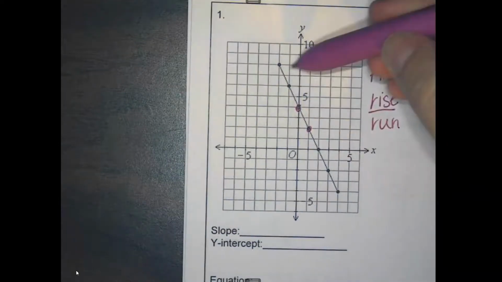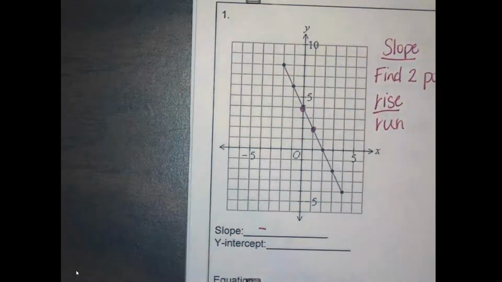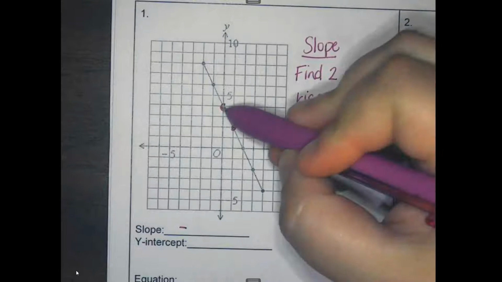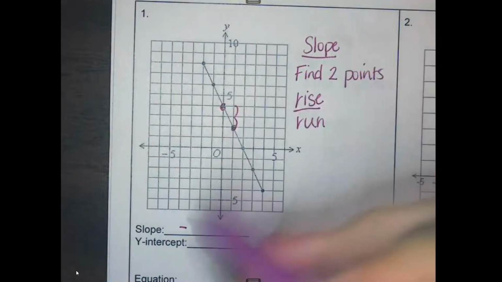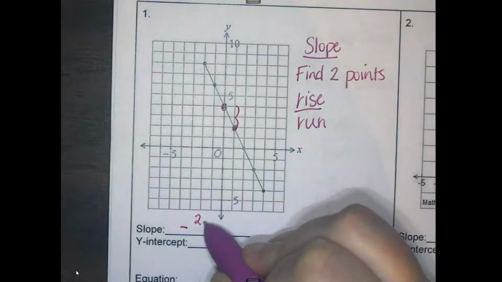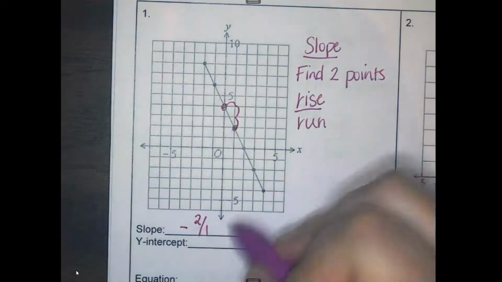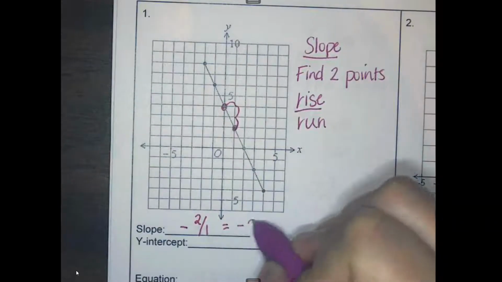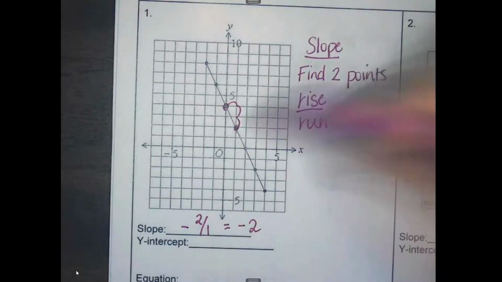So I can see that this graph is going down, so I already know my slope will be negative. So I rose, we can actually do it this way, 2, and ran 1. So -2 over 1 is just -2. You could have also done it this direction, going down and over.